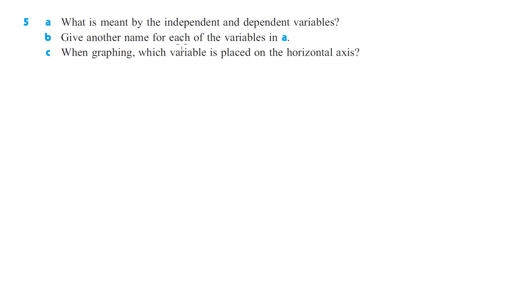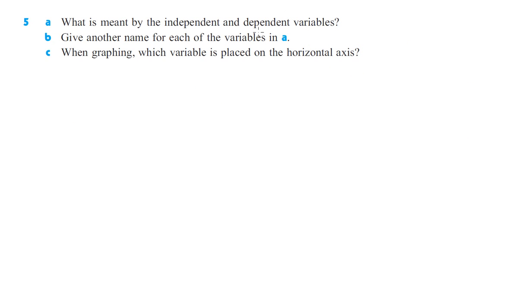Number 5. What's meant by the independent and dependent variables? So the independent variable basically is the thing that you get to control, right? And the dependent variable responds to the values of the independent variable.